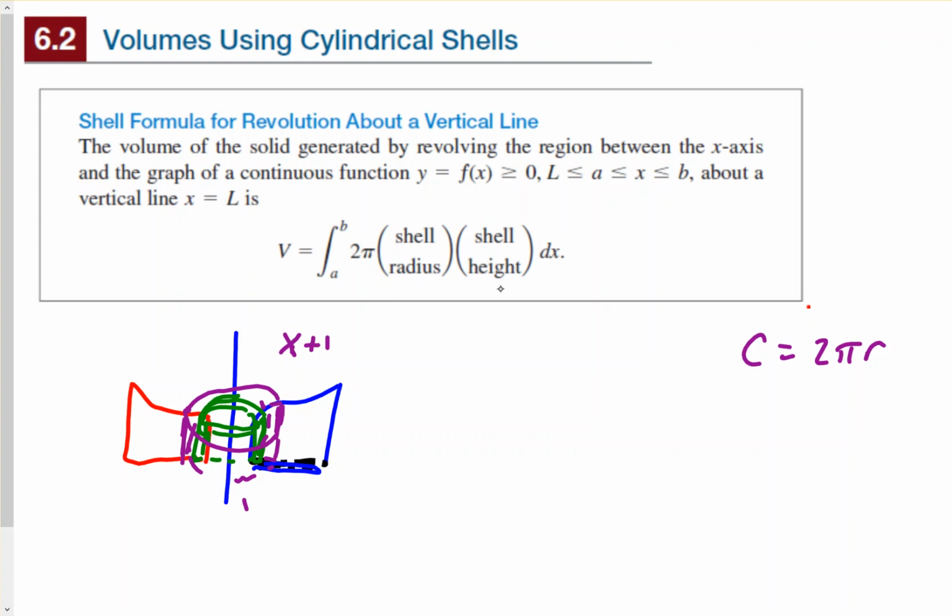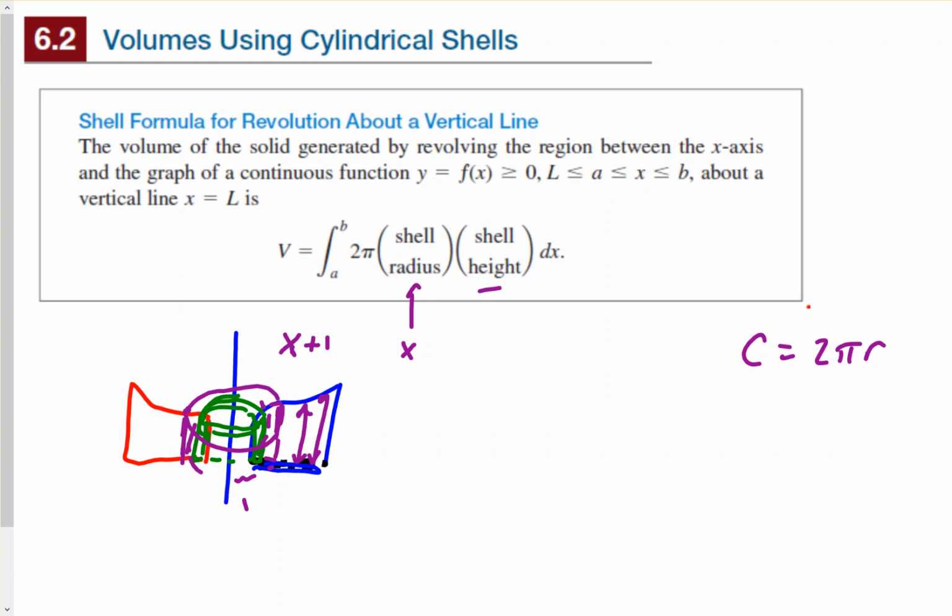And then the shell height we would get from the function itself. The function gives us the height of each of these shells. Okay, so typically the radius is x, or it's x plus 1 if the bound is 1 unit away from the axis.